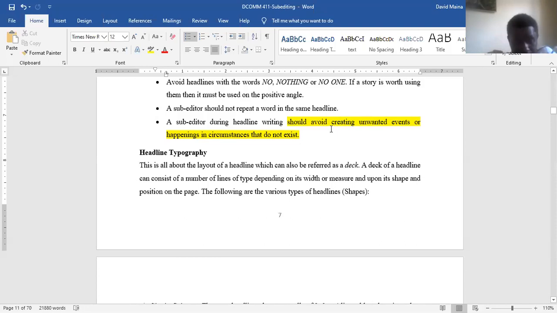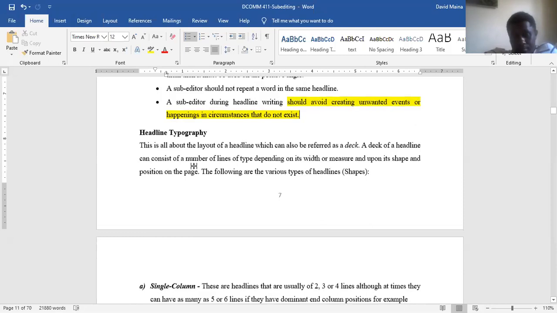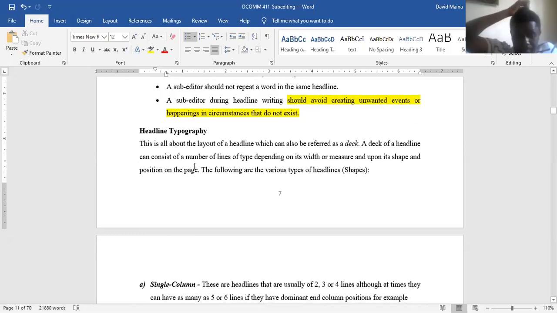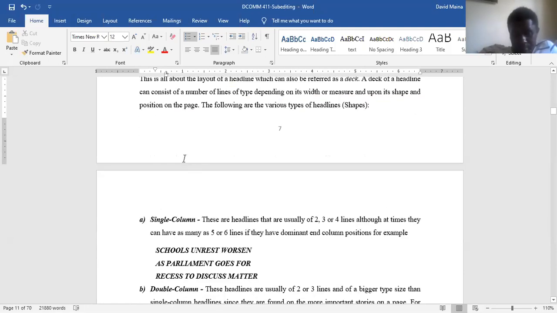You see, those ones, you are creating events in circumstances that do not exist. So avoid such things. So headline typography, we said it is the arrangement of the design of the newspaper, of the headline.